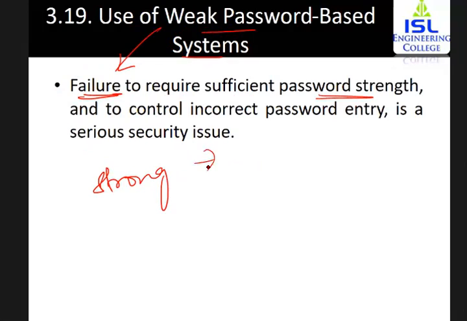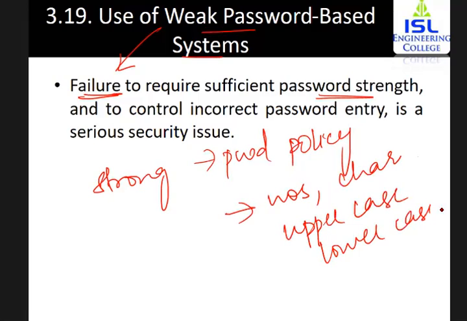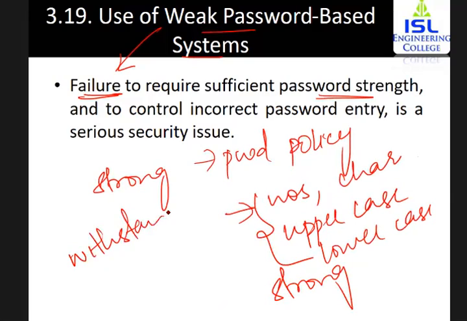That is, you have a password policy that tells you that you need to specify numbers, characters, uppercase, lowercase within the software. By making use of these, this is going to make your password strong, that is, it can withstand a brute force attack.